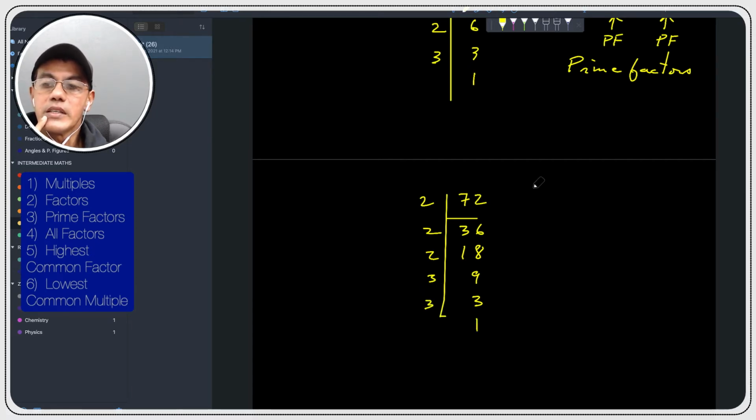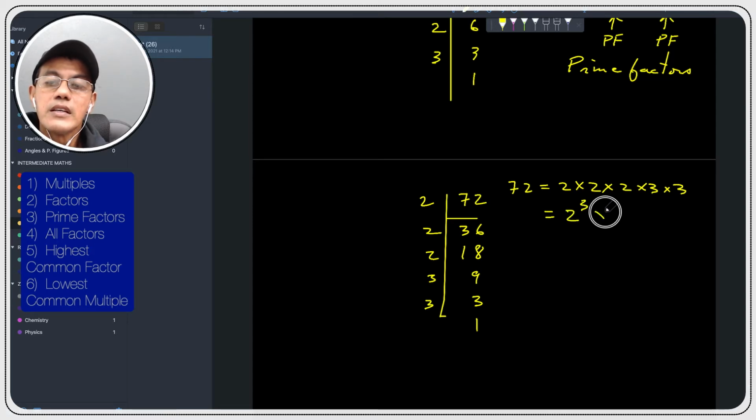So we'll end up with 72 is equal to 2 times 2 times 2 times 3 times 3. And of course, you can write this again as 2 to the 3 times 3 to the 2.